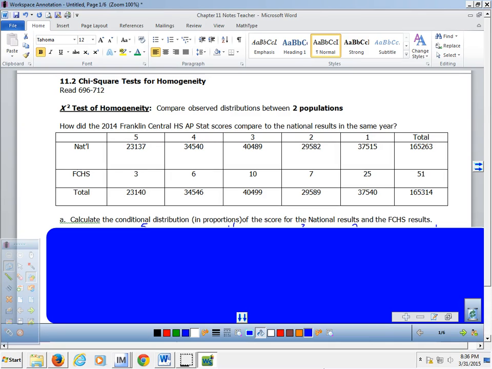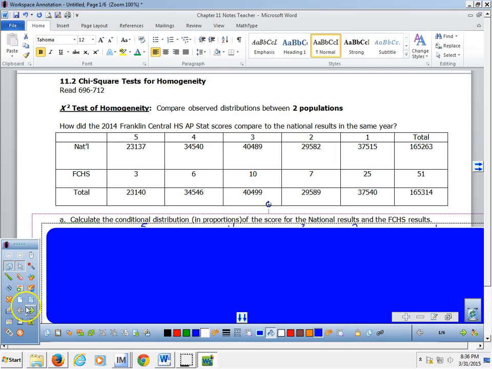We can do that now. So we can calculate the conditional distribution of the score for the national results and the FCHS results. Now, the hardest thing before about conditional distributions, and I still think it's kind of tough, is which way do we go, rows or columns? Well, since we're doing the distribution for the national results and FCHS, then obviously we're going to want to go across rows.